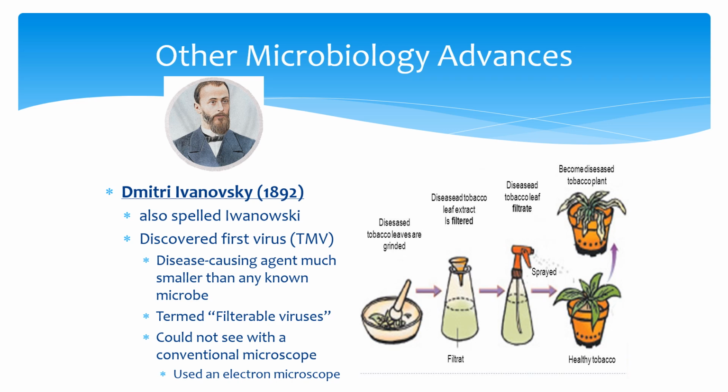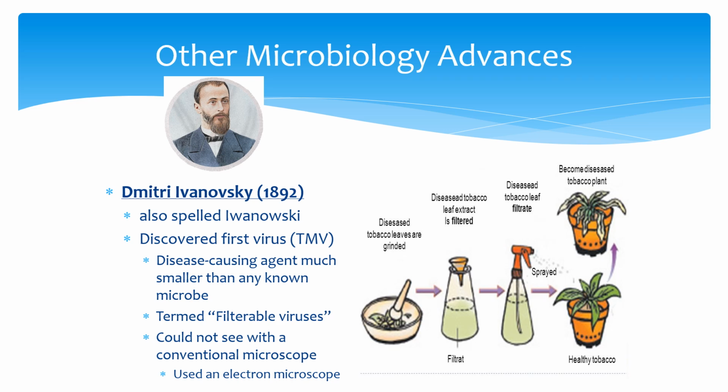What he did is he took the diseased tobacco leaves, ground them up, and then extracted the liquids from that ground up set of diseased leaves, and then he would spray healthy tobacco plants with that filtrate.